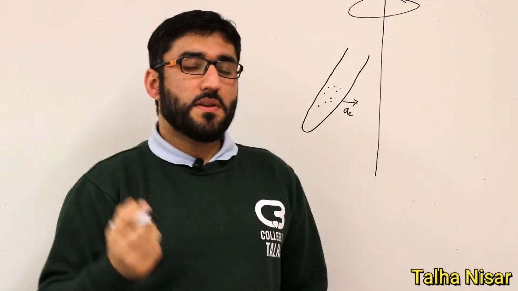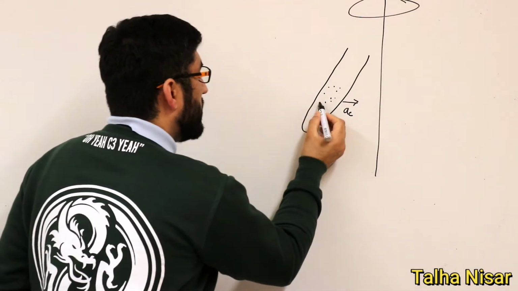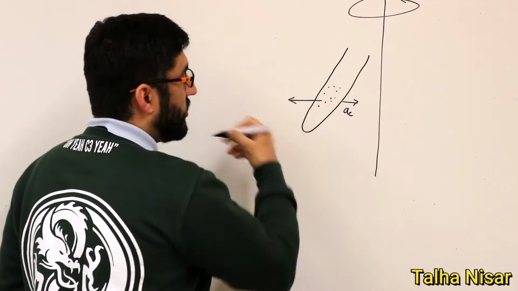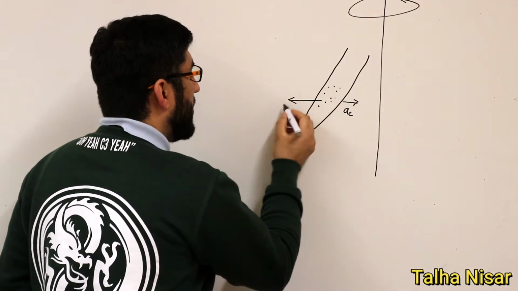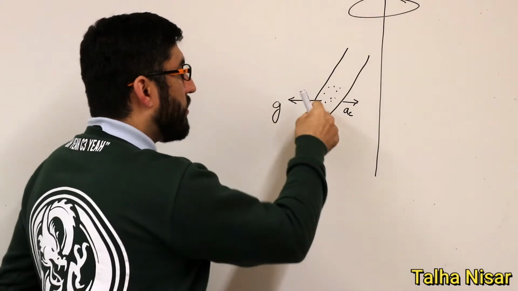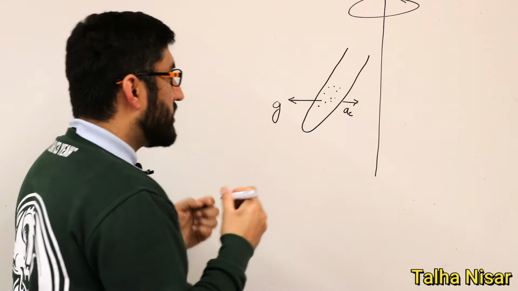Due to the spinning, as we have discussed in our lecture, there will be artificial gravity, or this acceleration, which will be opposite here. It will be in this direction, which is the artificial gravity. These particles will feel this acceleration.